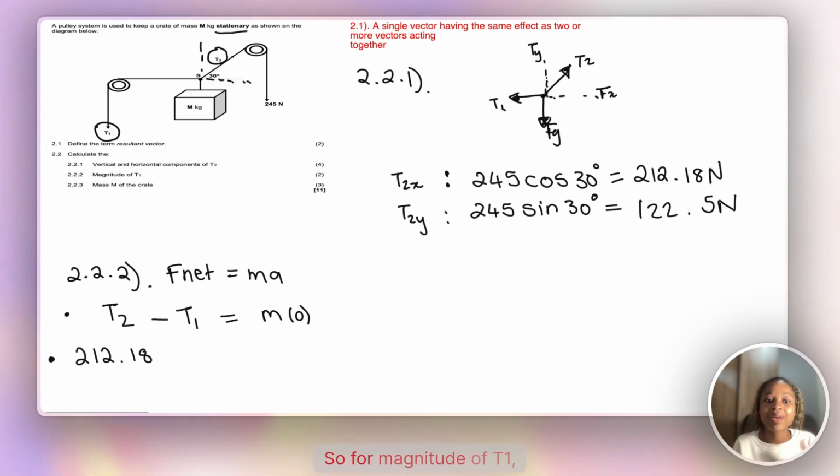Does that make sense? So for the magnitude of T1, we already used our T2, our vertical component. So be mindful of that when they ask you to solve for something, best believe that 2.2.4 or 2.2.5 is going to incorporate the answers of the questions that you found, if that makes sense. I really hope it does.